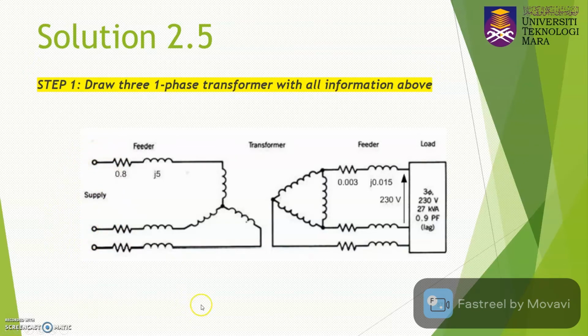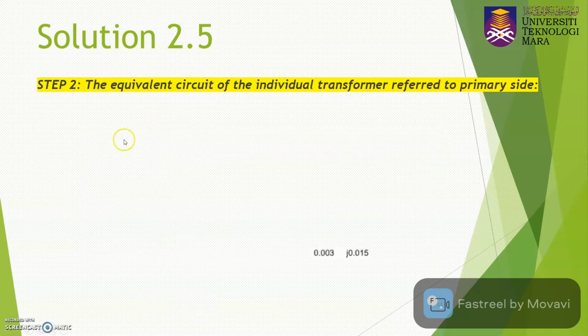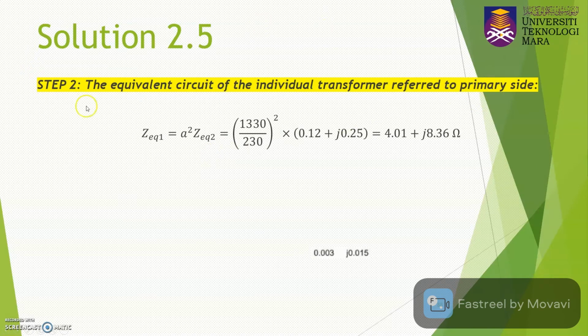Step number 2, you need to get the equivalent circuit of the individual transformer, transformed from the secondary side to the primary side first. How to get the value of the equivalent circuit? You just multiply with A squared, because now you want to transfer from secondary to primary. In this case, A is given by V1 divided by V2.